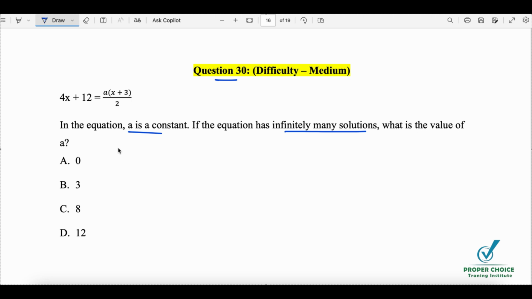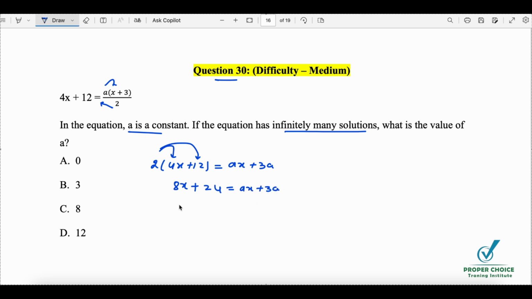So again, we have to compare the coefficients of x on either side, and the constant terms should be the same. The left side is already simplified; on the right side, we can further simplify by taking 2 to the other side, so it becomes 2 times (4x plus 12) equal to a(x plus 3). Distributing, 2 times 4x is 8x plus 12 times 2 is 24, equal to ax plus 3a.